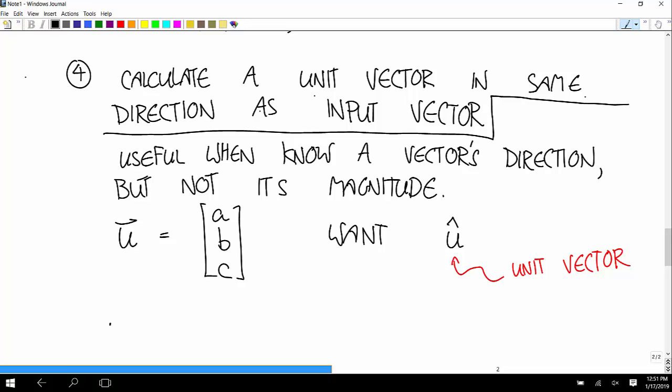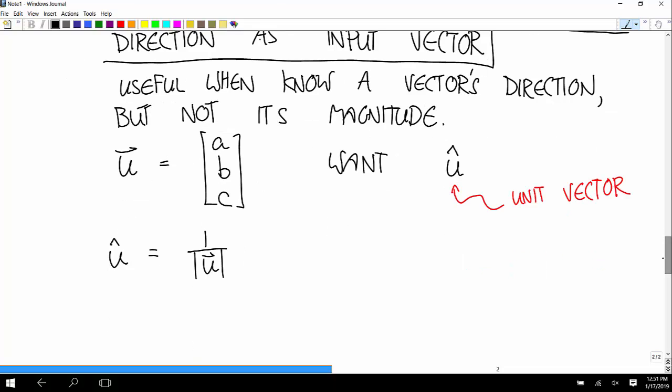Okay, so the unit vector in that direction is equal to 1 over the magnitude times the original vector.